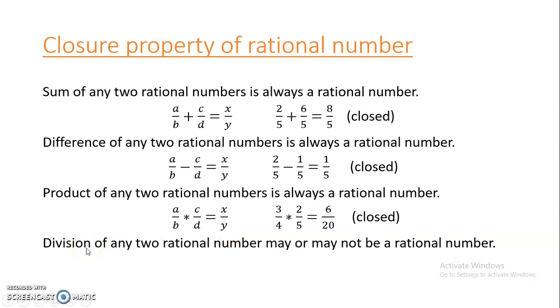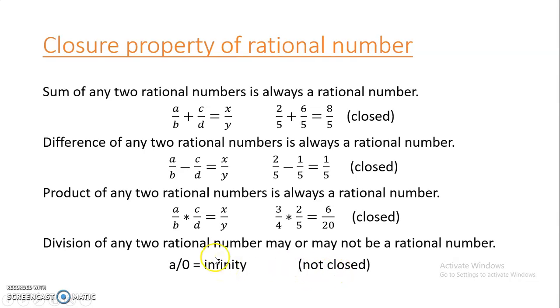So this product of two rational numbers is also closed. Then is division. We have seen the division of two rational numbers can be a rational number or may not be a rational number. We have already seen an example: we take any number from the universe and divide it by the rational number 0. We get infinity, which is not a rational number. Infinity is not a rational number.